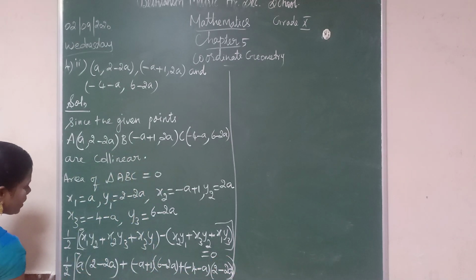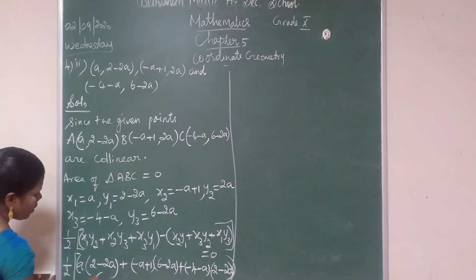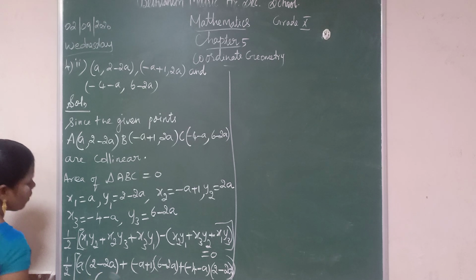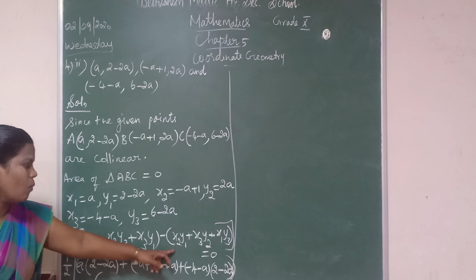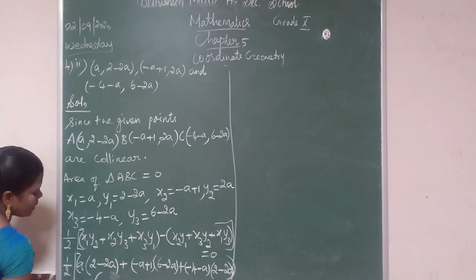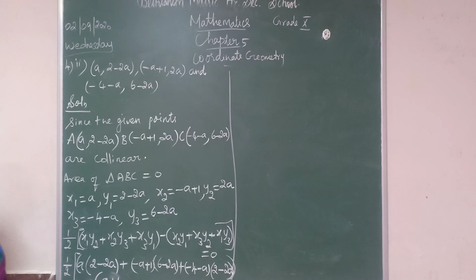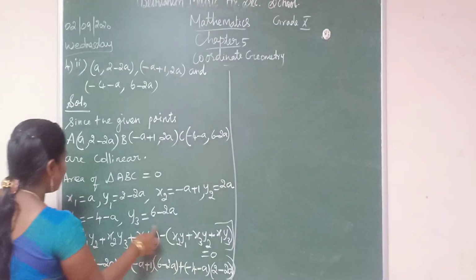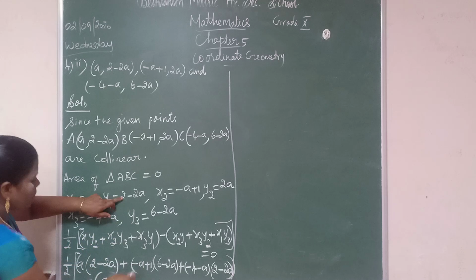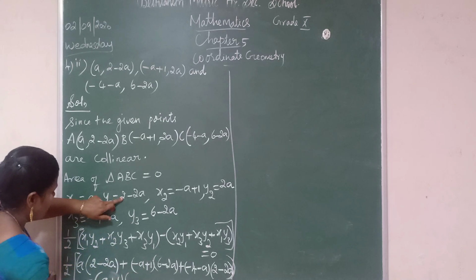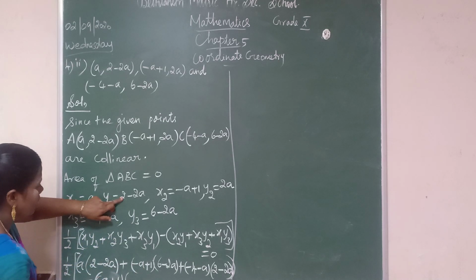Then, in the formula, minus of the next term, x2 y1. What is x2? Minus a plus 1, into y1, which is 2 minus 2a, using the bracket.